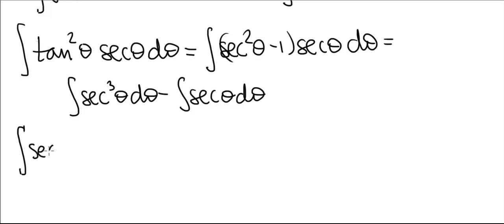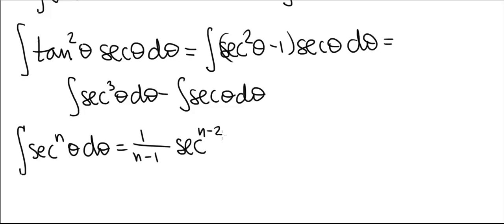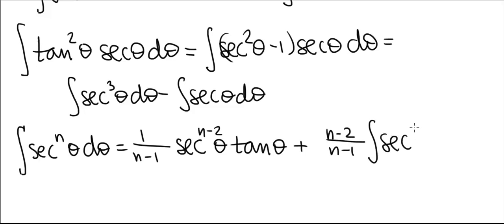The reduction formula for secant is the integral of secant to the n of theta d theta is equal to 1 divided by n minus 1 times secant to the n minus 2 of theta times the tangent of theta, plus n minus 2 over n minus 1 times the integral of secant to the n minus 2 of theta.